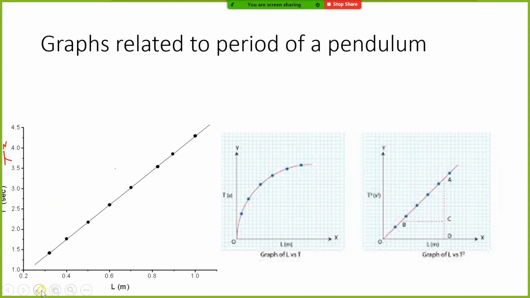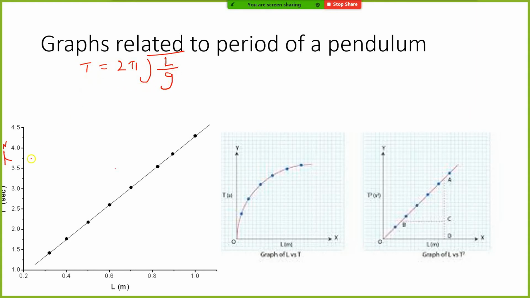So if we take the equation, t is equal to 2 pi times square root of L divided by g.